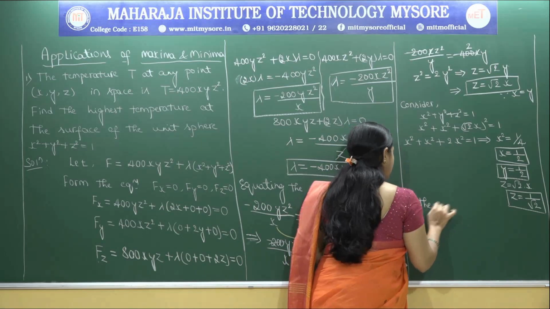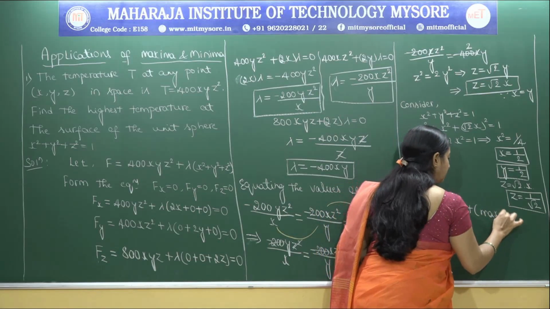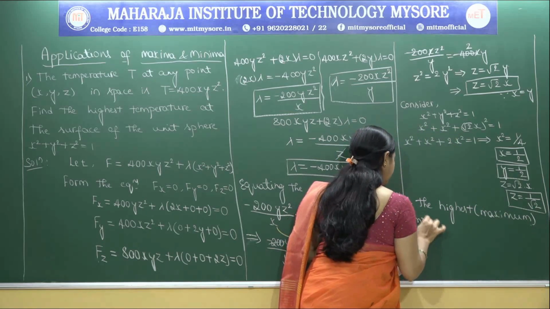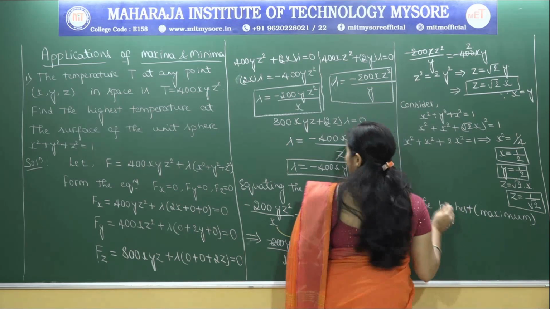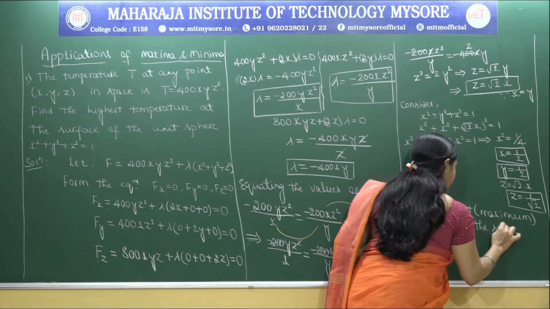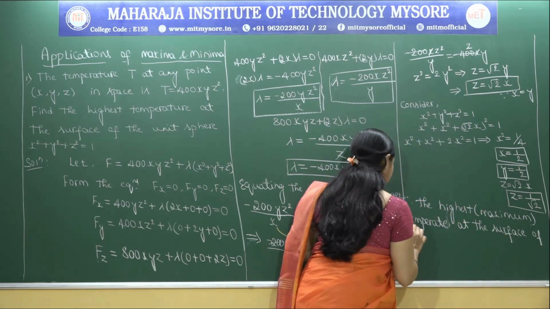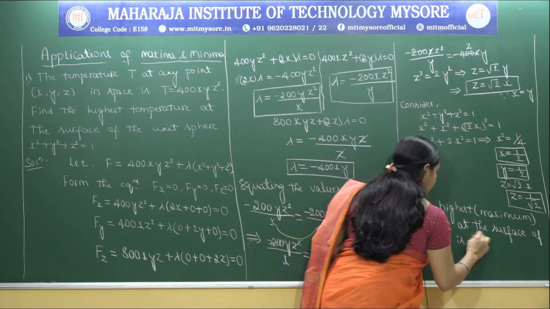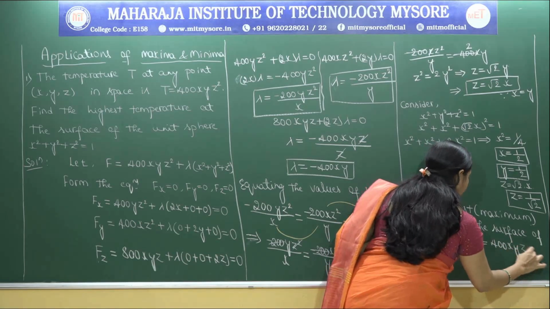Therefore, the highest or maximum temperature at the surface of the sphere is T equals 400 xy z square.